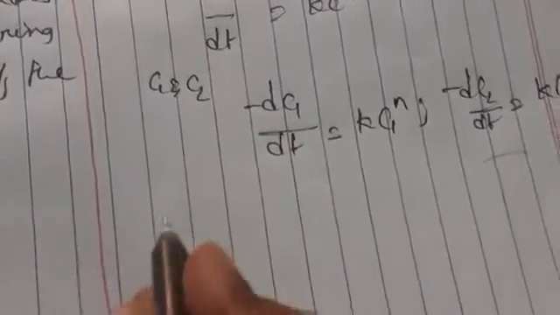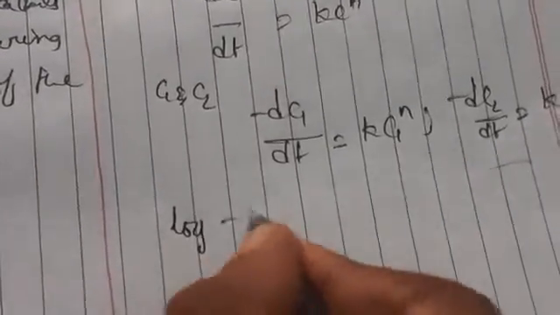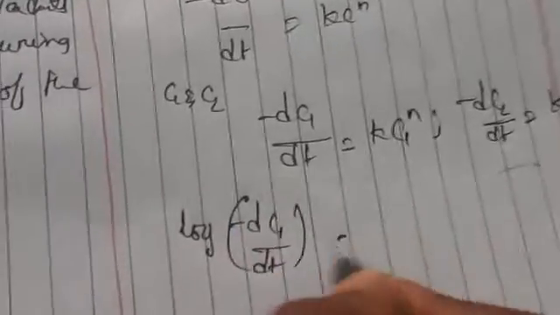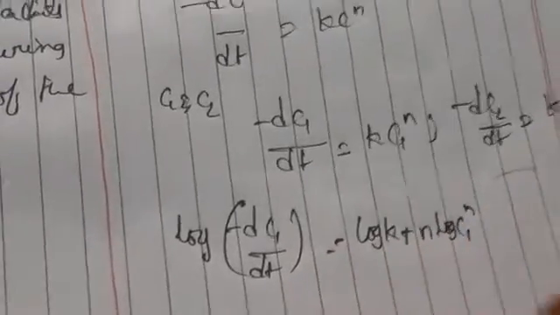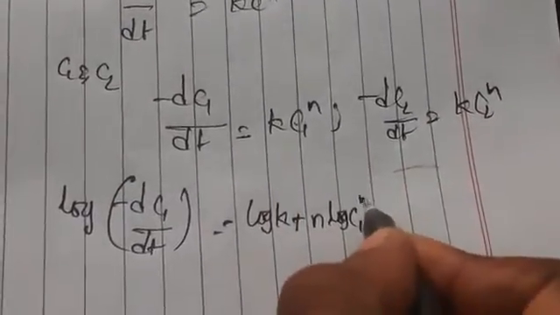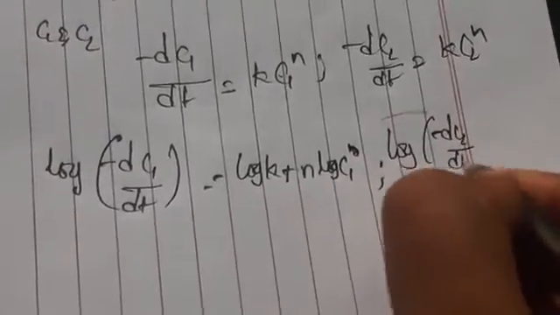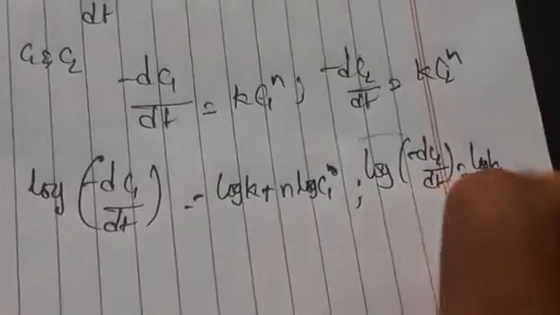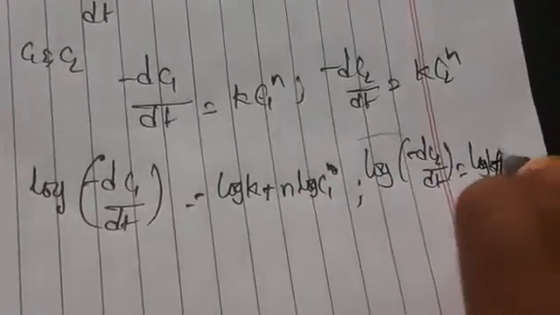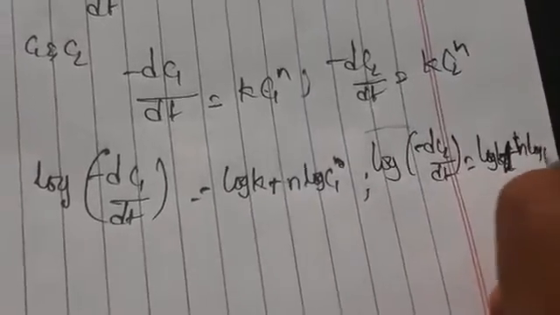If you apply log to both sides, we get log of minus dC1 by dt equals log k plus n log C1. Since log C to the power n brings n before log C1, for the other one you will get log of minus dC2 by dt equals log k plus n log C2.